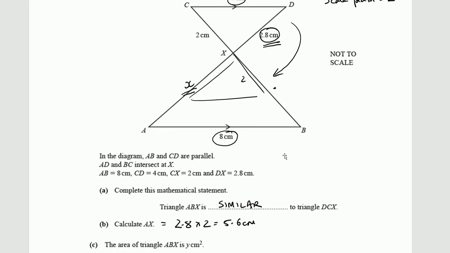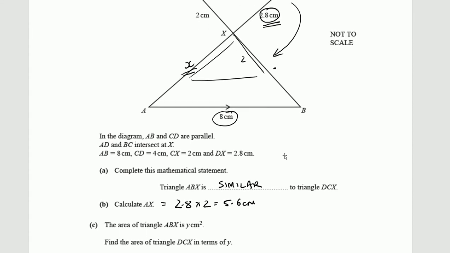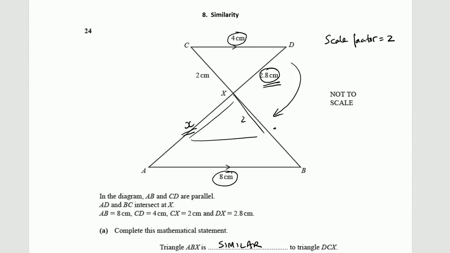Now, in the next part of the question, we're being asked to find the area of triangle DCX, the smaller triangle, given that the area of the triangle ABX is y. So, up here, we are told the area of this triangle is y.